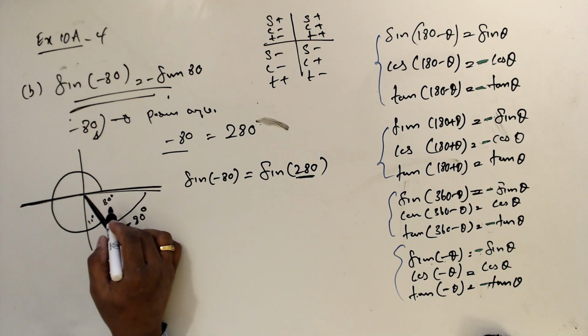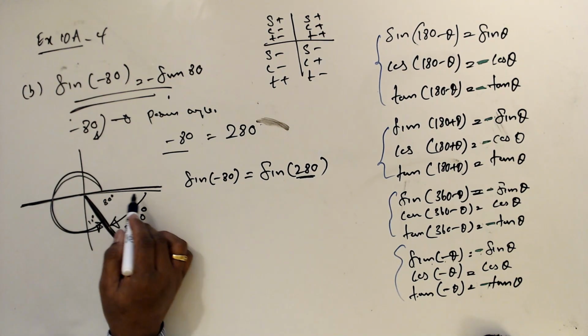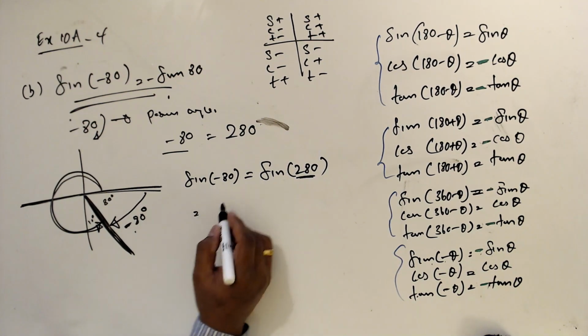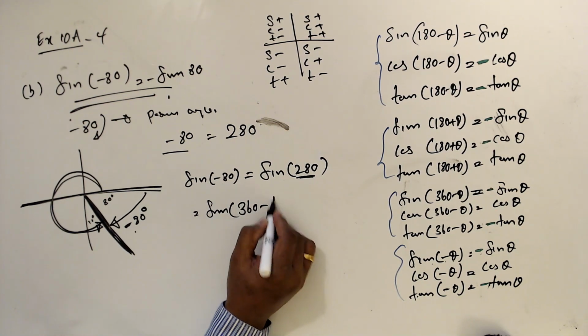Now 280, you can write as 360 minus 80. It means sine 360 minus 80.